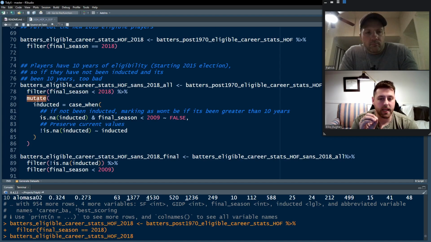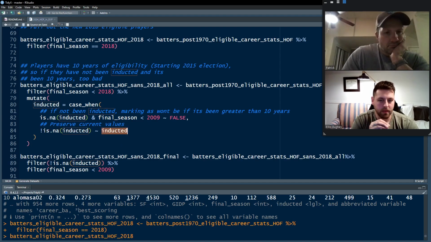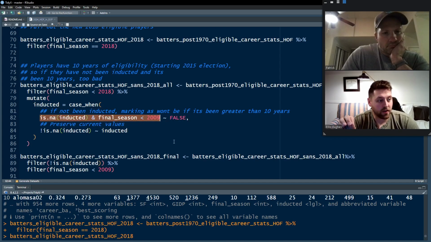We're going to then mutate this to say, okay, in the cases where they have some sort of information about whether they've been inducted or not, we're going to keep that. But then we're going to add in this other piece of information, which is if they were never voted for, but their last season was greater than 2009, which is more than 15 years ago, which is the total length of time that somebody could have been voted for, we're going to set that to be false because now they are out of eligibility to be voted for into the Hall of Fame.